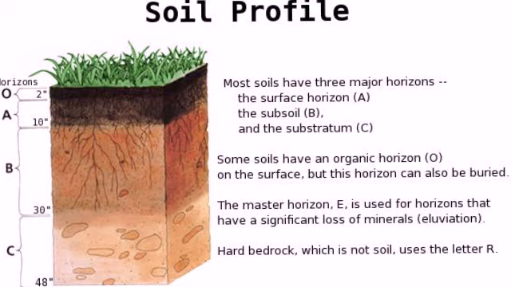So these are the two factors on which the nature of the soil depends. And if we take a vertical section of the soil through different layers, this is called the soil profile.